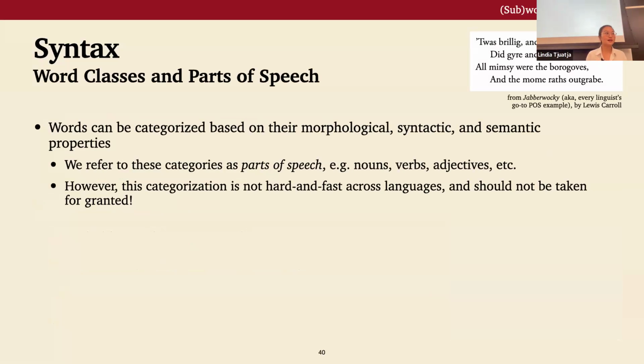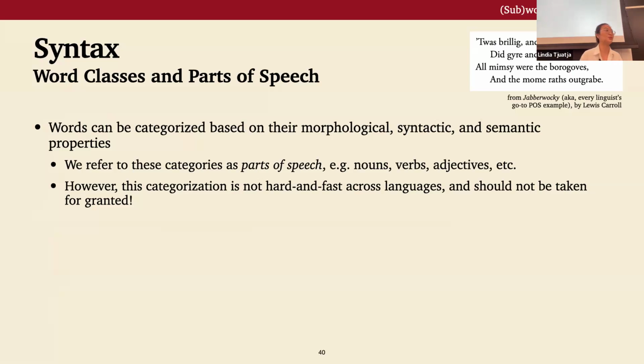So words, there's a lot of categorization in this lecture, and words are no exception. We can categorize them based on their morphological, syntactic, and semantic properties. And we refer to these categories as parts of speech, like nouns, verbs, and adjectives. I'm sure you all are very familiar. However, one thing to note is that this categorization is not a very strict one at all, and it should not be taken for granted.